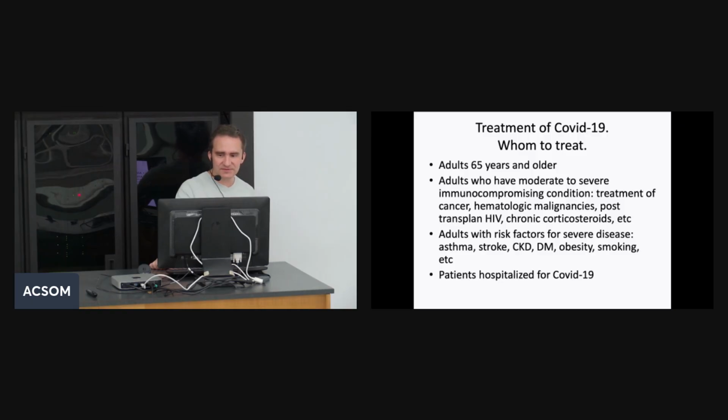Also adults with risk factors for severe disease like asthma, stroke, CKD, chronic kidney disease, diabetes, obesity, smoking, and then everybody who is hospitalized specifically for COVID, you would treat as well.